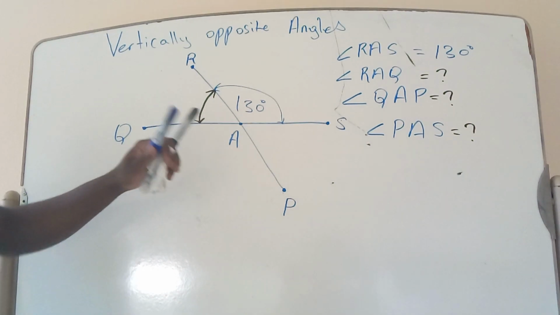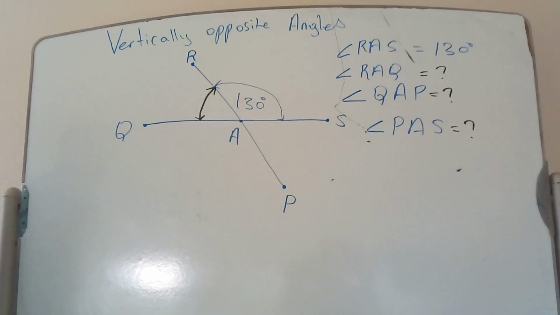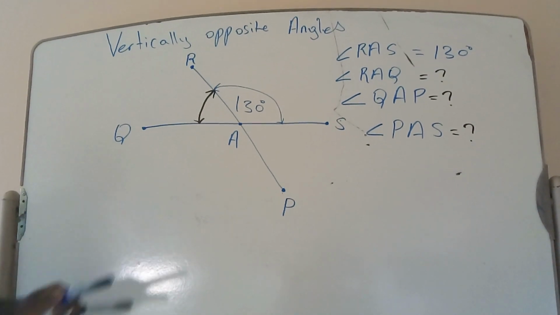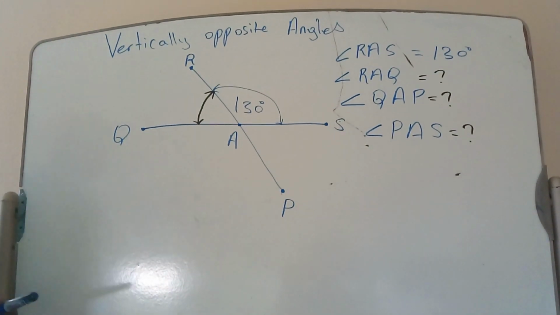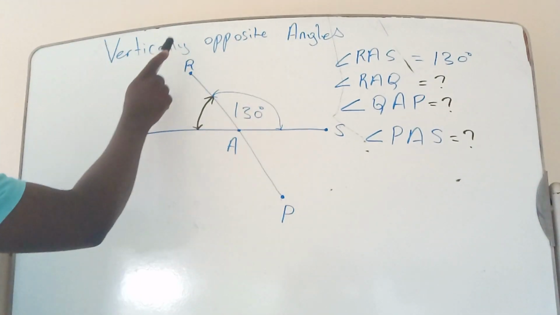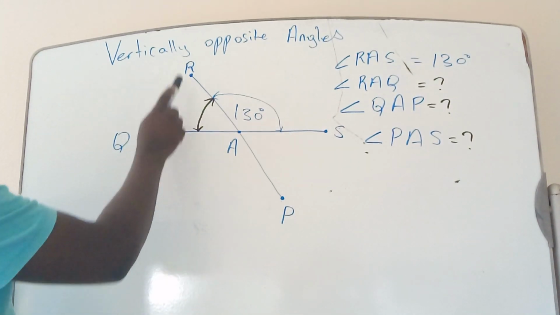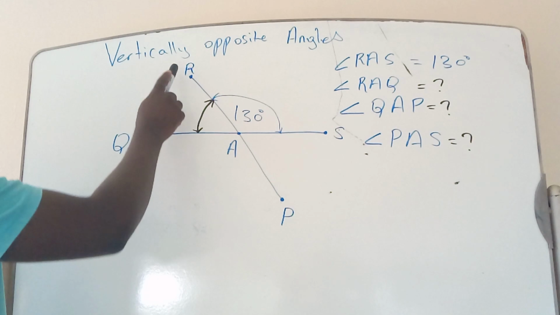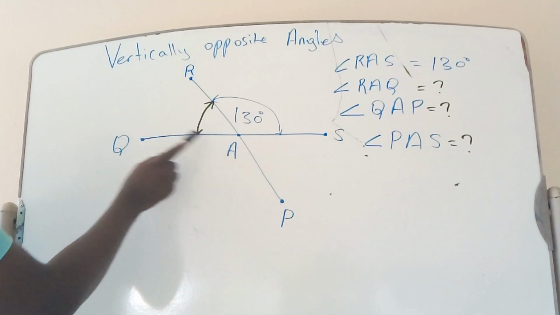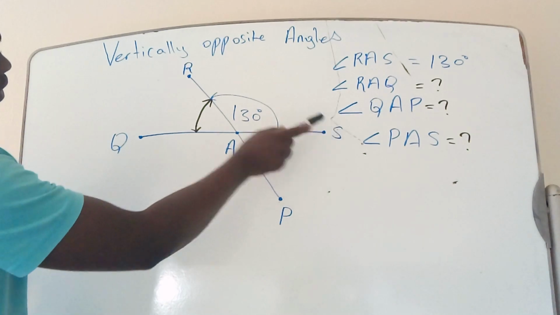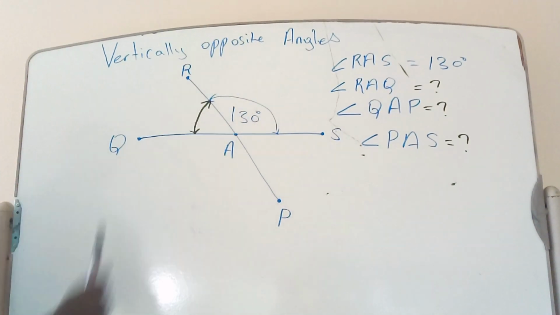And when angles add up to 180 degrees, we say that those angles are supplementary angles. Also, you would have noted that angle PAQ and angle RAQ and angle RAS are adjacent angles as well.